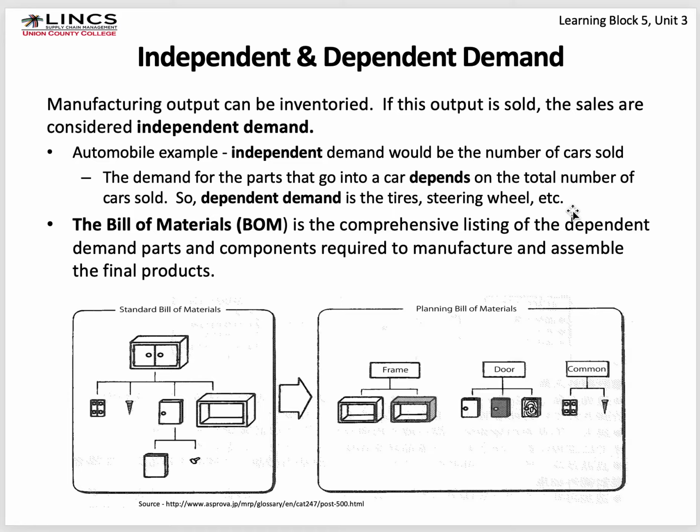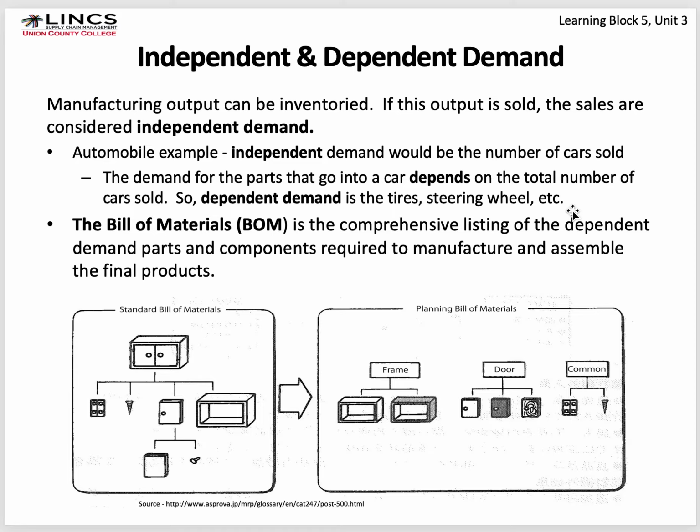So each car depends on all the component parts. It has 4 wheels, 4 tires, 4 sets of brakes. It has 1 steering wheel, 1 entertainment unit, radio, I guess I don't even know what we call it now because it's 1 console that does everything, kind of the computer on the car.